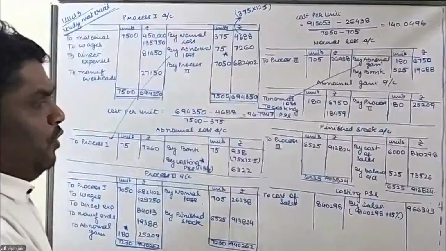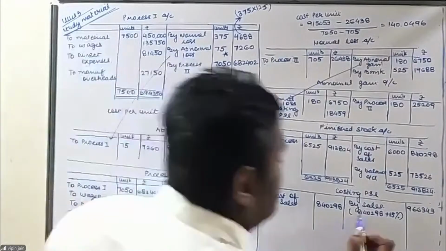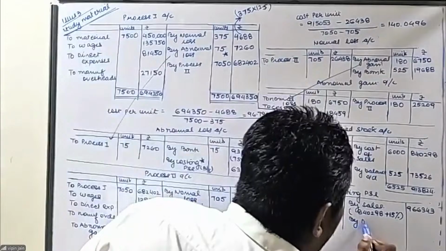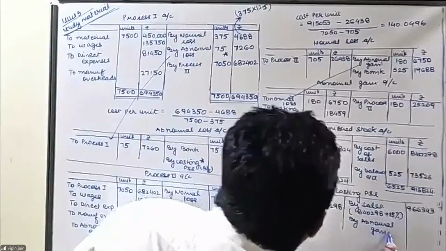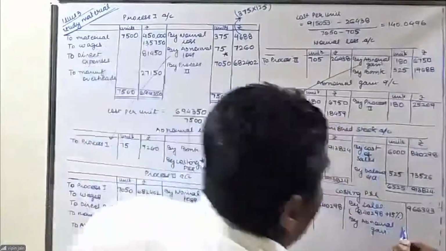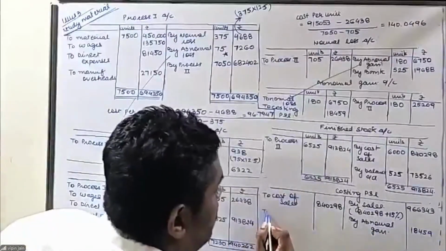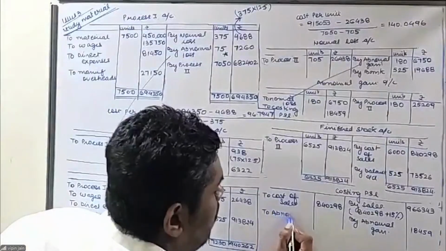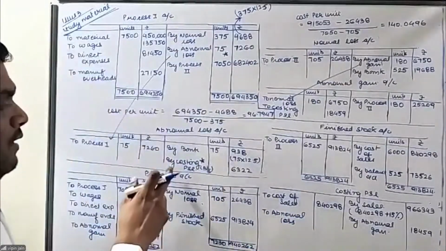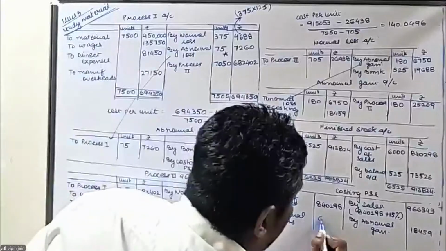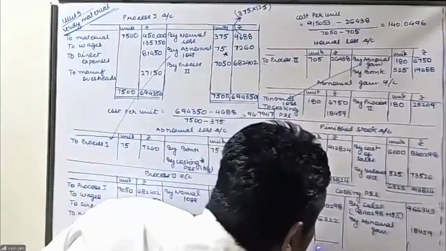Further, the amount of abnormal loss and abnormal gain will also be transferred to costing P&L. That is 18459. And abnormal loss we have calculated, that is 6322. So this is how we'll get the total profit.